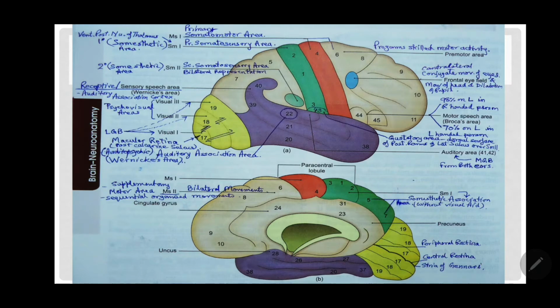From the entire body, the sensations of touch, pressure, vibration, two-point discrimination, stereognosis, all those exteroceptive cutaneous sensations, as well as the deep proprioceptive sensations, are carried mainly by the dorsal column of the spinal cord, which relays in the nucleus gracilis and cuneatus in the medulla. These are the first order neurons. Remember that the fibers running in the fasciculus cuneatus and gracilis are the first order neurons.